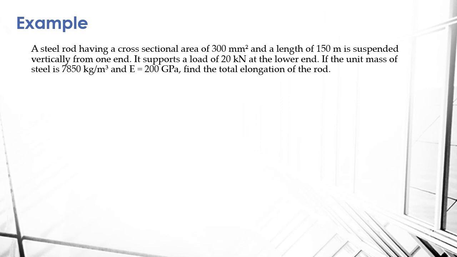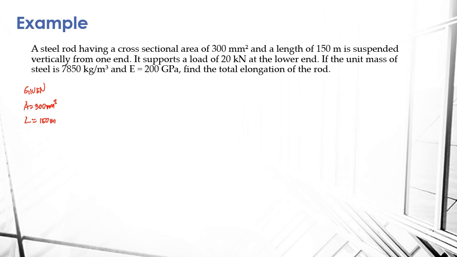Yun. So, unsa ni buhaton, mag-given. Okay? Ang given niya is cross-sectional area. So, area na diretso itong ibutang diri. Area is equal to 300 square millimeter. Nya length is equal to 150 meters.